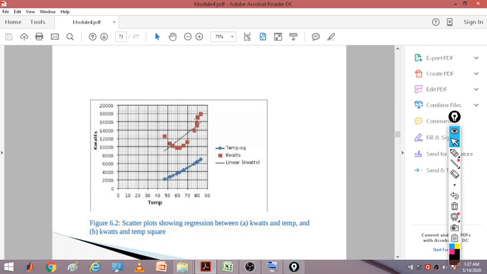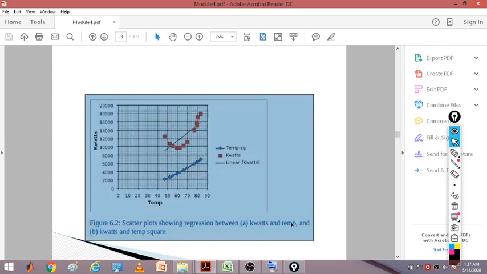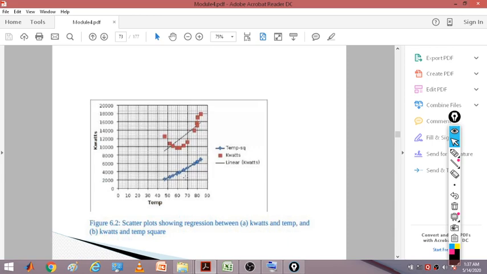Another curve we are also plotting, by taking the temperature value and another feature, temperature square, the same value squared, added as another feature, and then we get a straight line. Now we have two graphs. This one is a plot showing regression between kilowatts and temperature square. Here is the other graph: this one is curvilinear and this one is sort of linear.